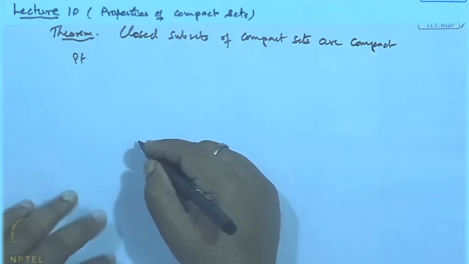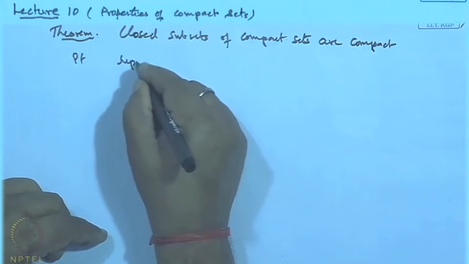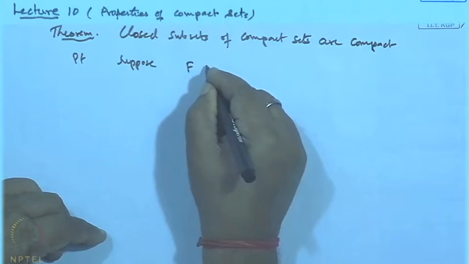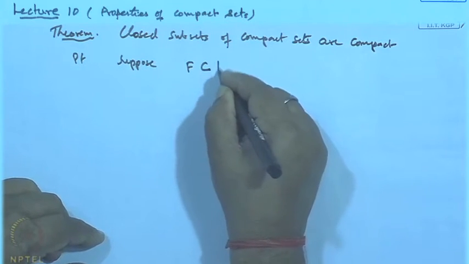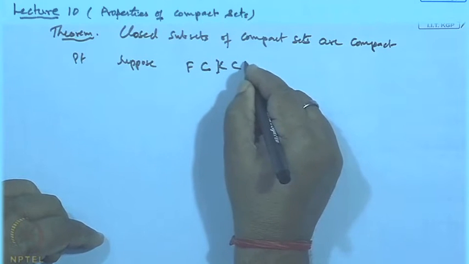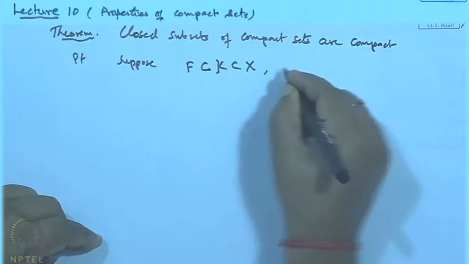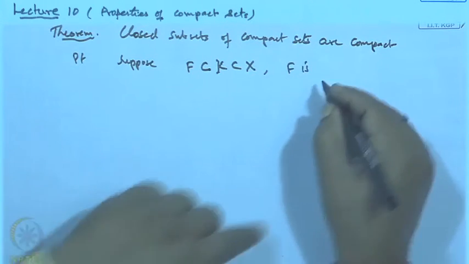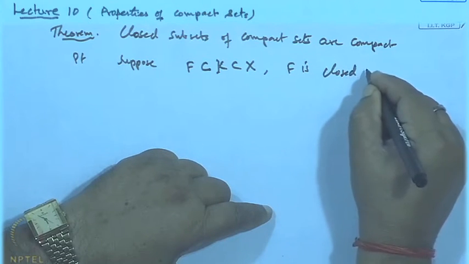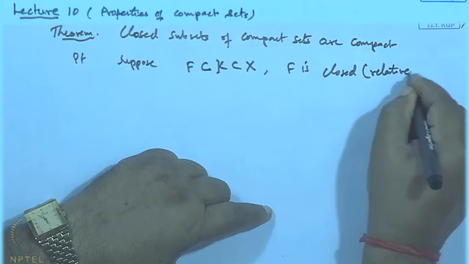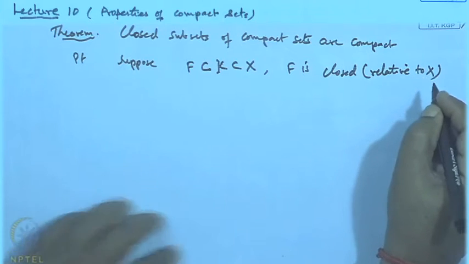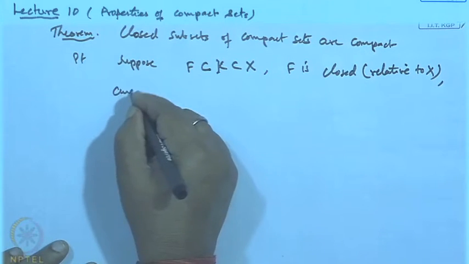So, let us take an F, which is a subset of K, which is a subset of X, where F is closed relative to X and K is a compact set.